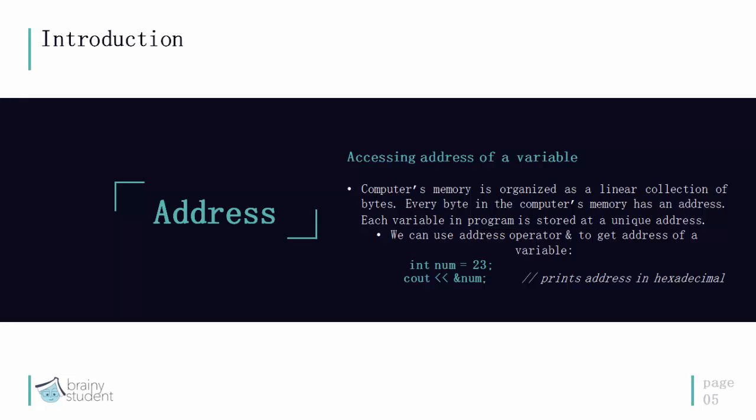We know that 1 KB is equal to 1024 bytes, so 640 KB is equal to 640 into 1024 bytes, correct? So how many bytes will we have? We will have 65536 bytes.